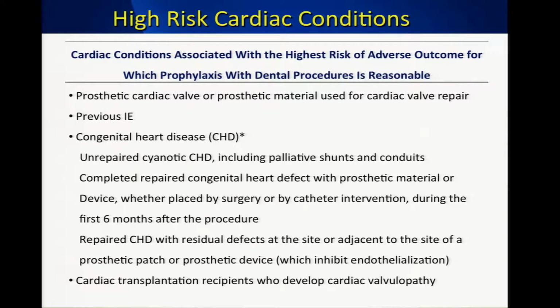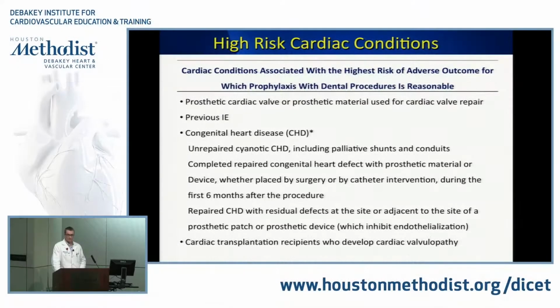So we know the high-risk cardiac conditions. Of course, this was a large change to the endocarditis guidelines a few years ago. Any prosthetic material, and it doesn't matter how the prosthetic material gets there. This comes up a lot. A mitral clip, a TAVR, they're not surgery, but they still are big risk factors for endocarditis in theory, so they count as full prosthetic valves. Rings, clips, anything that got in there.